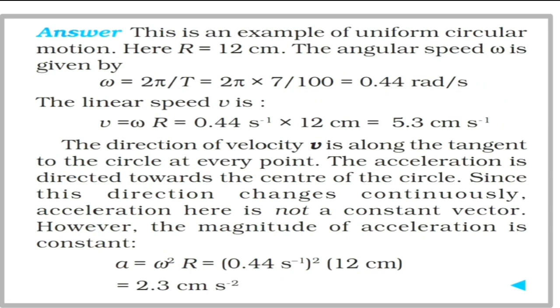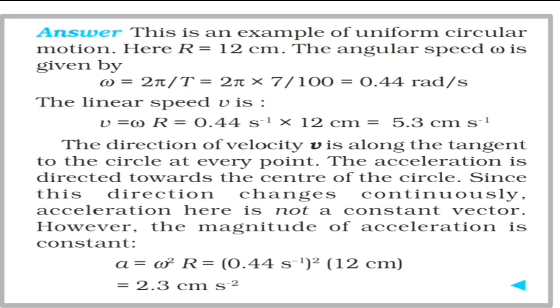Is it constant? Not like that, because throughout the motion the radius vector also is changing. That means the direction is being changed always, because the object is moving along the circumference of the circle. So the acceleration vector is not a constant vector, it is changing.